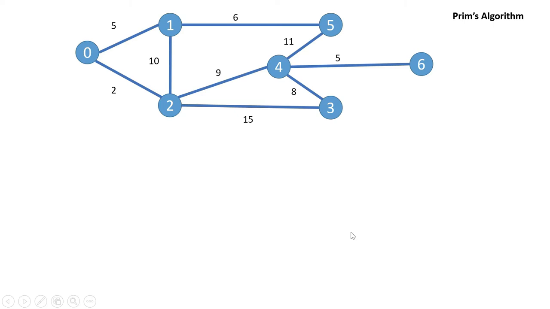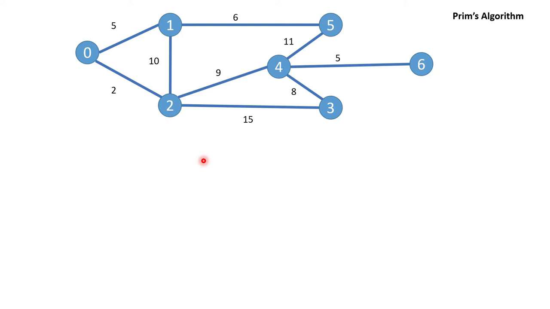Suppose I have one graph like this. This graph has 0, 1, 2, 3, 4, 5, 6, which means 7 nodes or vertices. So I have to find the minimum spanning tree for this graph. This is a weighted graph.